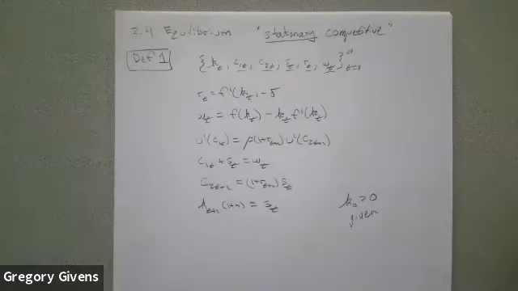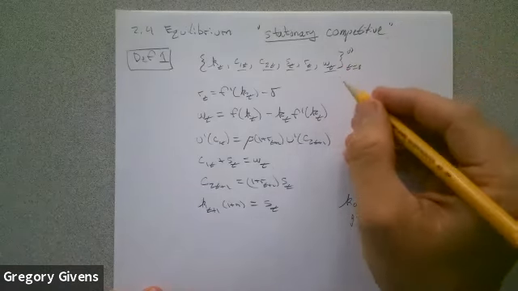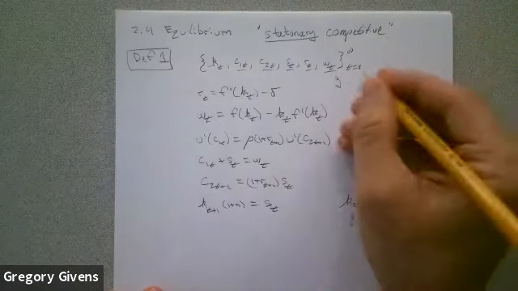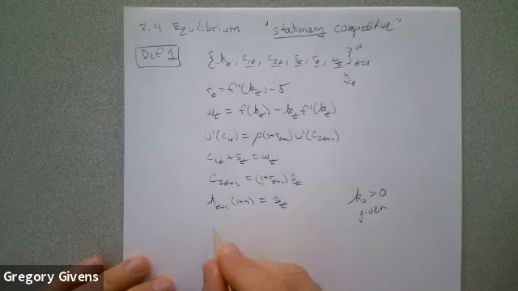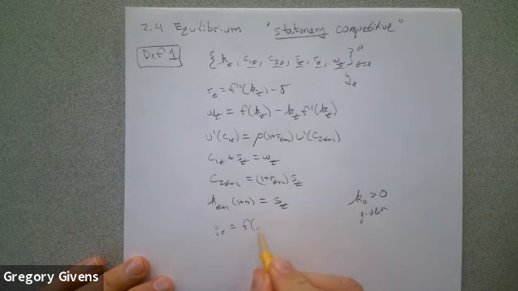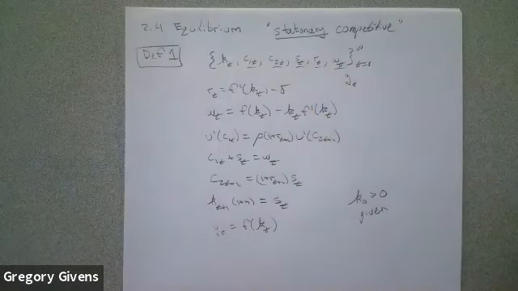Now, by the way, we could also add another variable here, right? What if I wanted to characterize my equilibrium also over values of output per worker? Then I would need to add another equation to my equilibrium statement, right? And what would that be? Output per worker is equal to what? F of KT, right? So here I've got 1, 2, 3, 4, 5, 6, 7 objects and 7 equations.